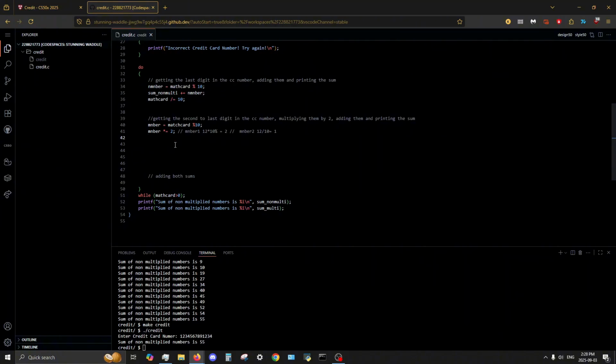So then we do multiplied number 1 is equal to number times 10%, number percent 10, get the space, and then multiplied number 2 is equal to that's multiplied number.